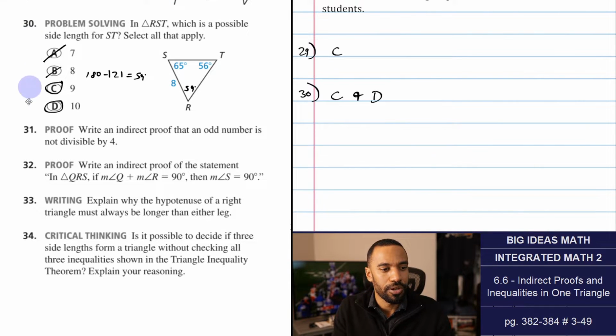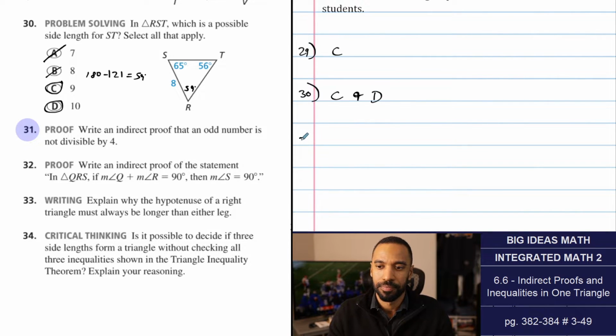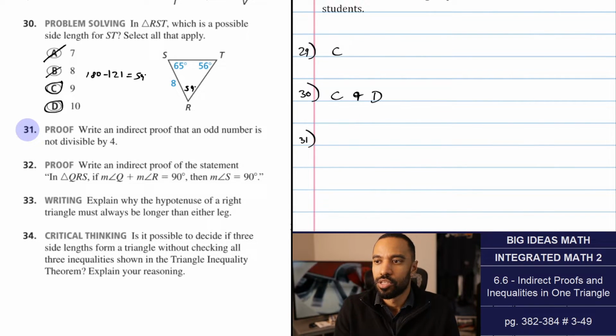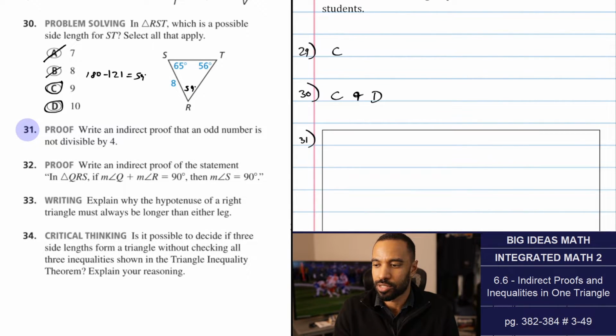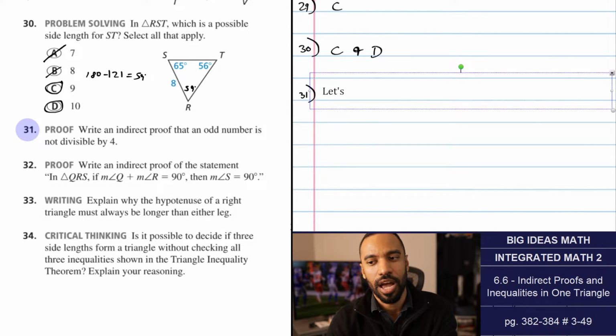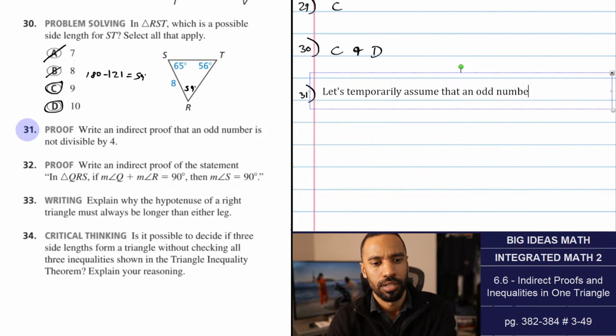All right, number 31. Write an indirect proof that an odd number is not divisible by 4. An odd product is not divisible by 4. Okay, so let's see if I got this down. Let's temporarily assume that an odd number is divisible by 4.